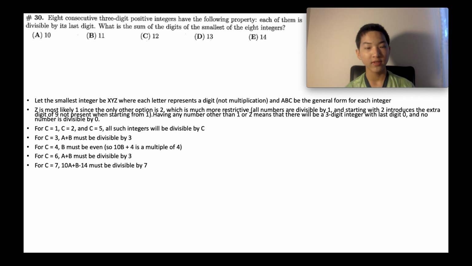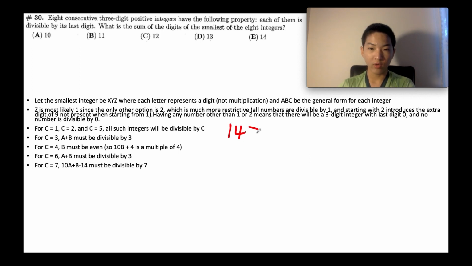For c equals 7, there are multiple divisibility rules for 7. Some of them aren't as clear as others, but the one I use is this. Let's say we have the number 147.